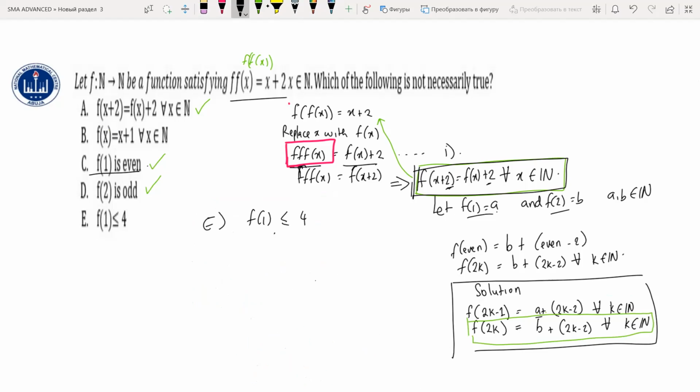So the way we're going to go about this now is, okay, this is our original function now.